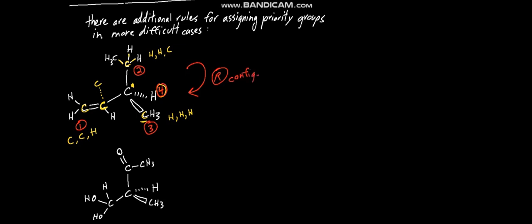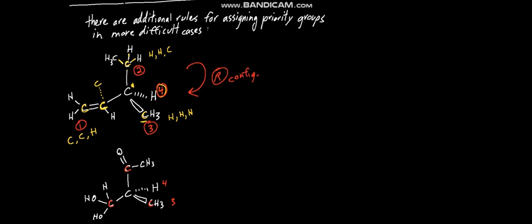Now, the one on the bottom, we have group 4, group 3. How do we decide between groups 1 and 2? Group 3 is easy to spot because it is a carbon, but you have hydrogen, hydrogen, hydrogen. As we saw above, that's going to be lower priority than either of these other two.